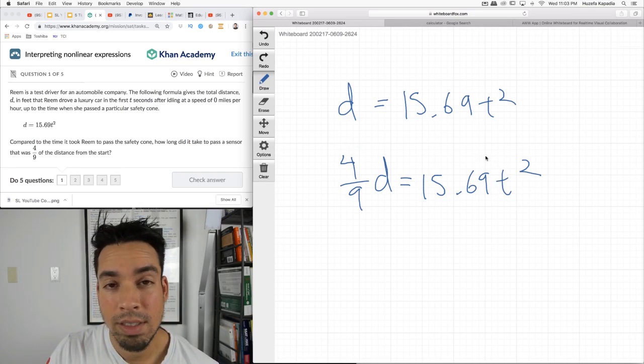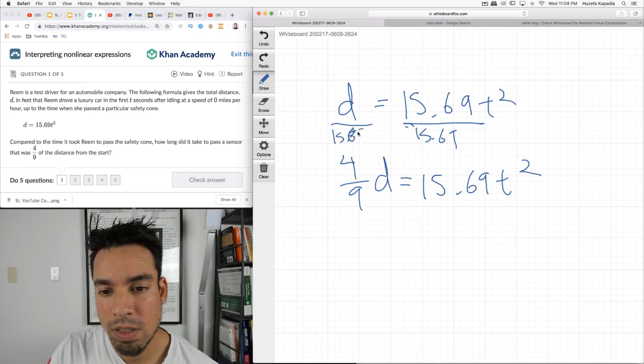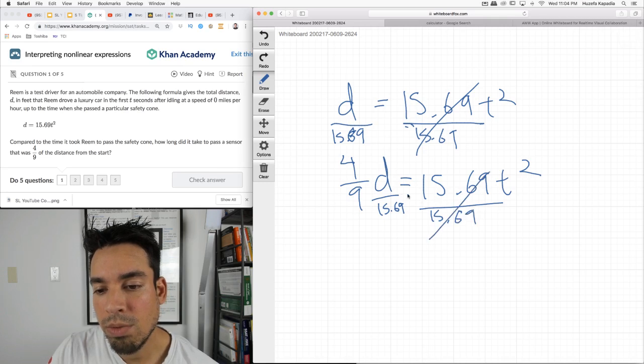What I can tell you is this: we could isolate. We could do all that stuff. We could divide by 15.69. Divide by 15.69. Okay, and we do the same thing here, right? 15.69, 15.69. But that doesn't really matter because we're comparing across these two times.